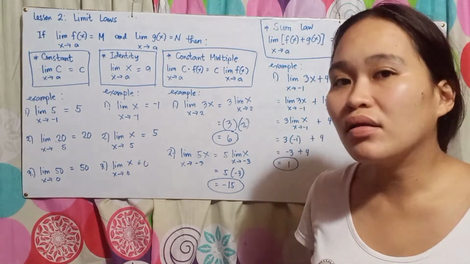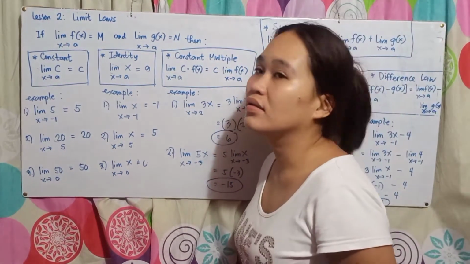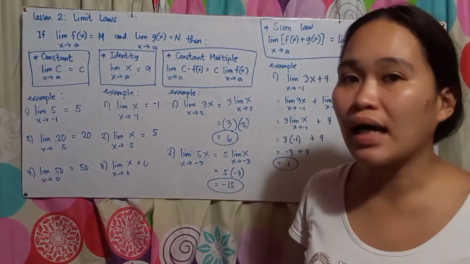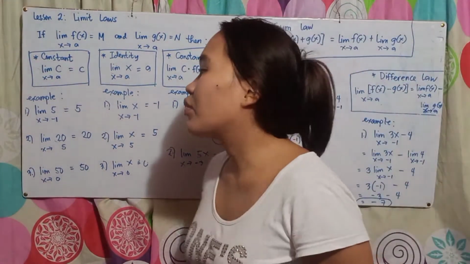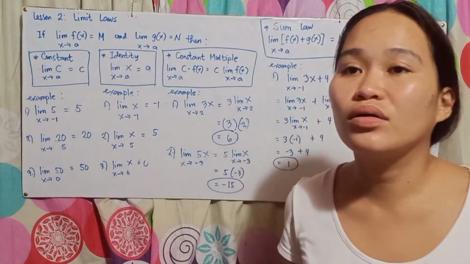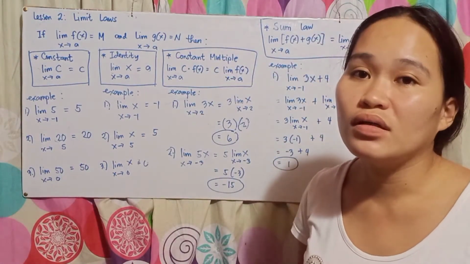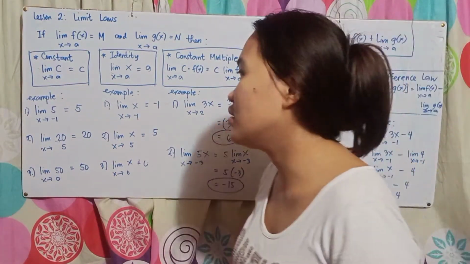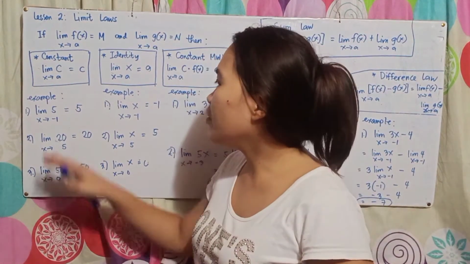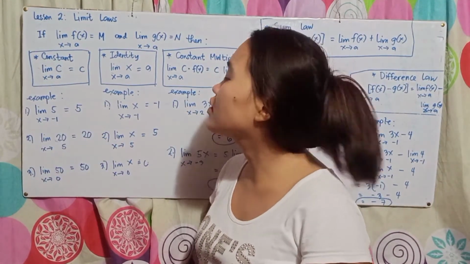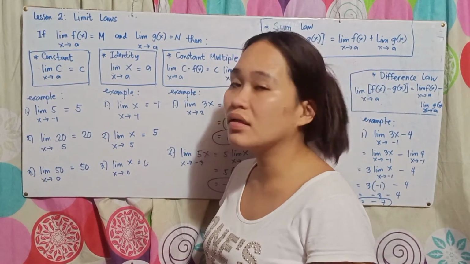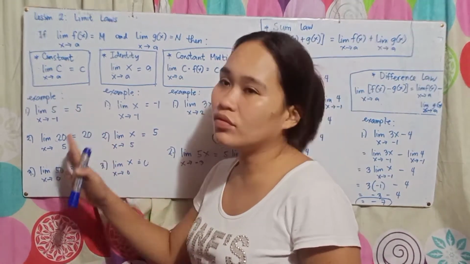So constant laws states that the limit of a constant as x approaches to a is equal to c, or the constant. So we have 3 examples. First, the limit of the constant 5 as x approaches to negative 1 is equal to 5.